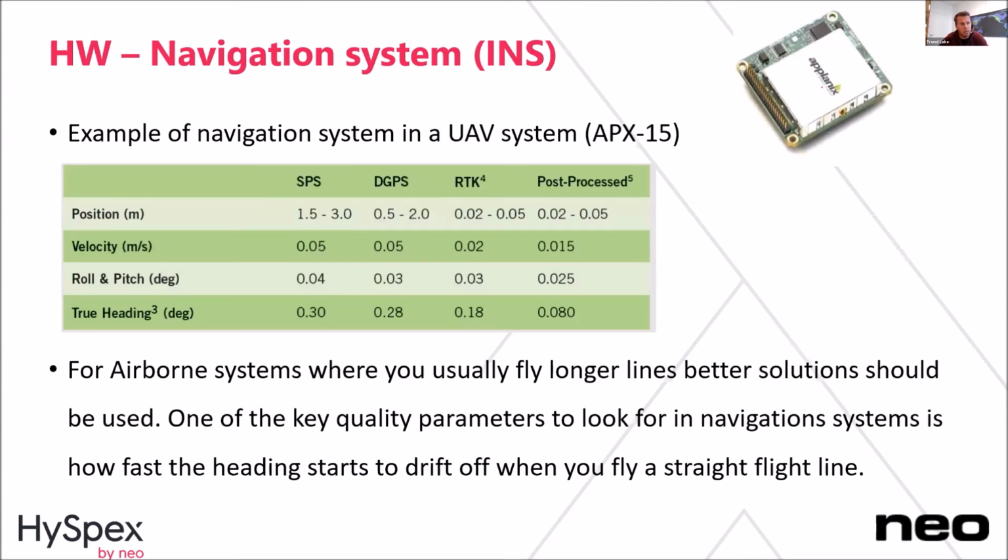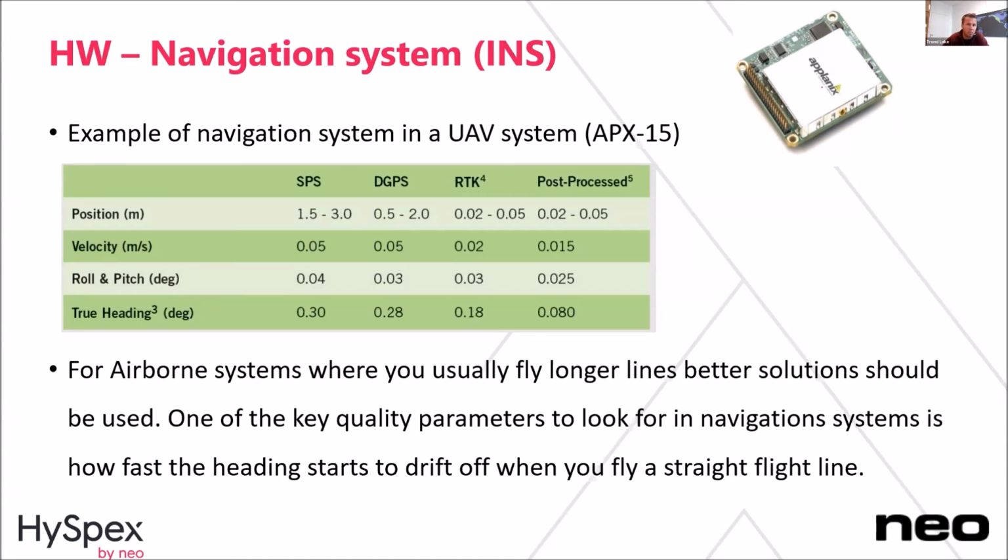Of course, you need a good INS system, but you don't want to pay too much. You need good performance for what you need, for your area. For example, in a drone system flying on a copter solution, the APX-15 is a very good choice.